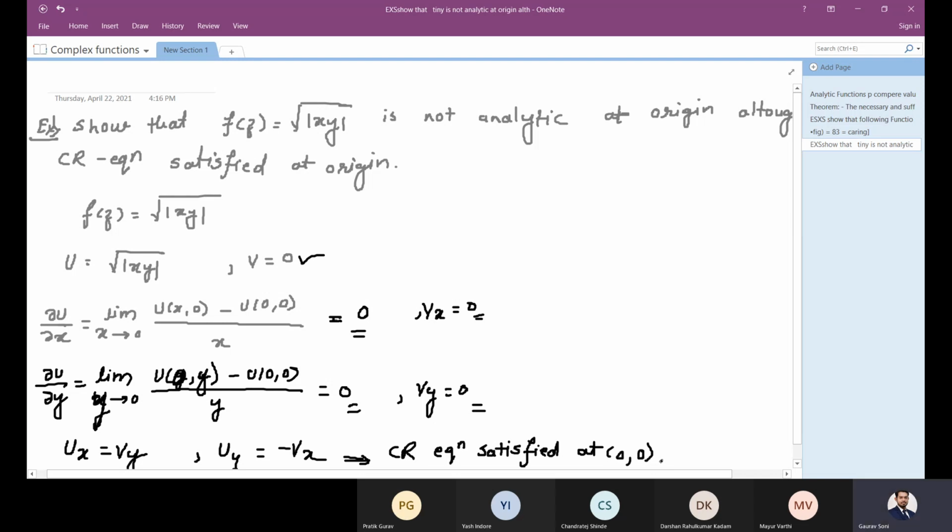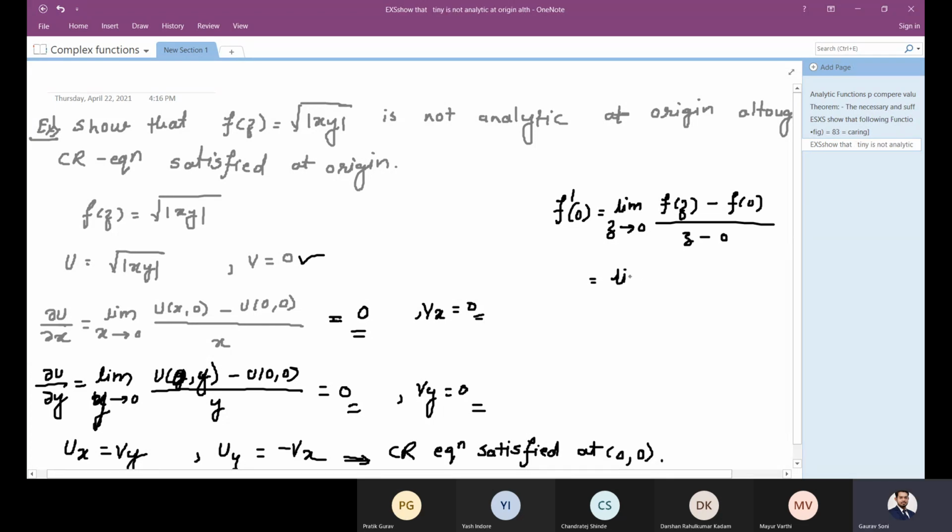But now we will show that it is not differentiable. How do we show that? We'll use our basic definition. What is our basic definition? F dash of 0 is equal to the limit as z tends to 0 of f of z minus f of 0 upon z minus 0.